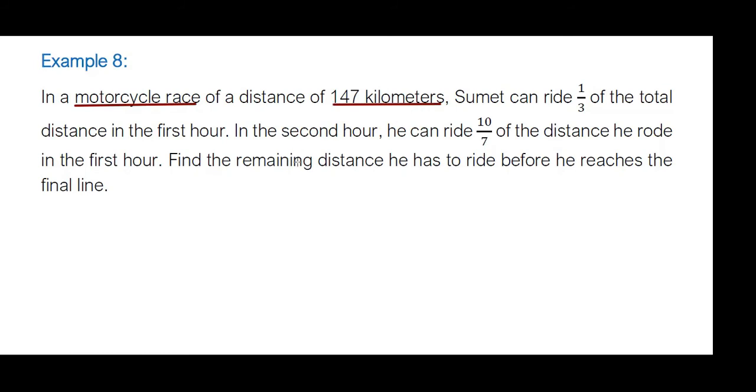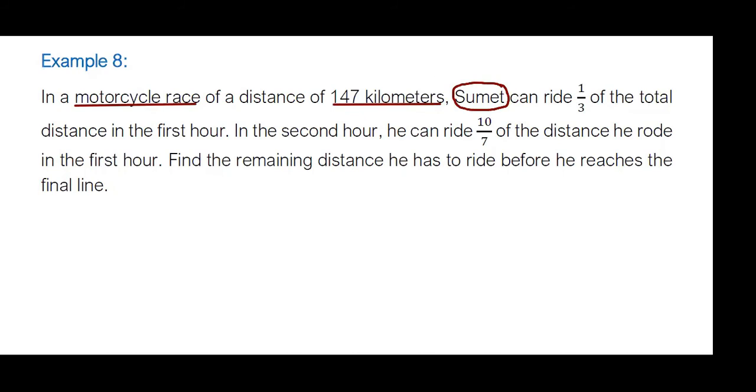Now here comes one of the cyclists called Samet. So Samet is also among the people riding. He can ride 1 out of 3 of the total distance.